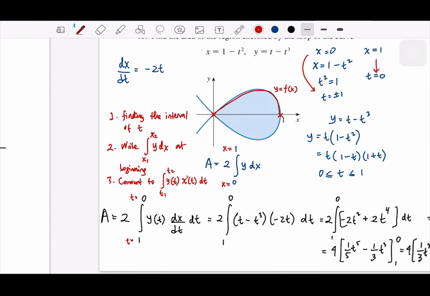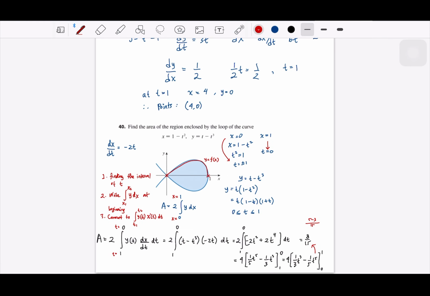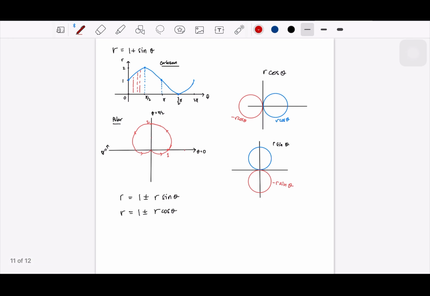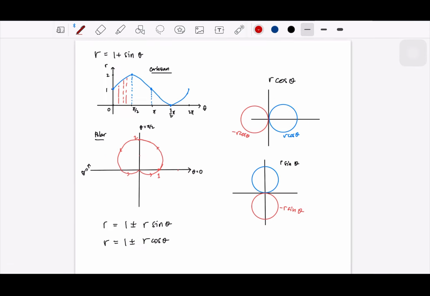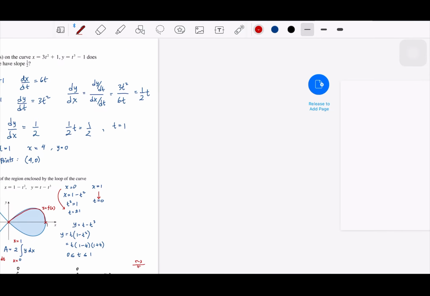Okay. Now the last part in our course is we draw some of the polar curves. Let me add an additional graph. That is r equals cosine 2 theta.